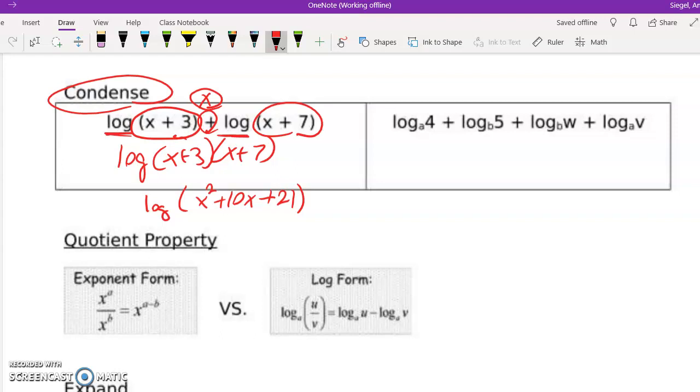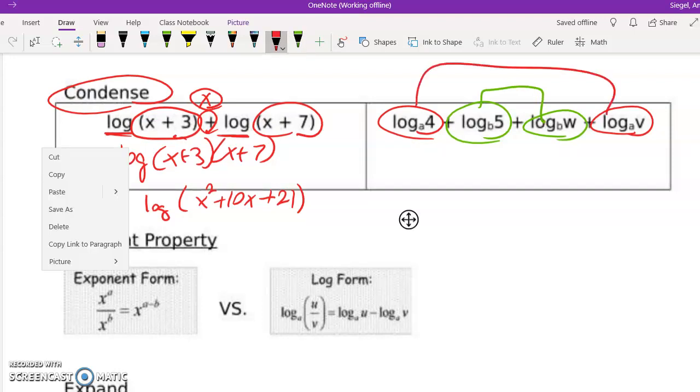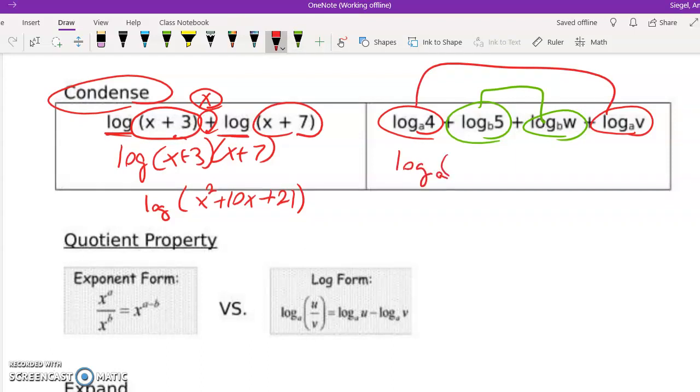Okay, so for this one, I want you to notice how there is a log base A and then there's also a log base B. So I'm going to condense these two and condense these two. So I'll start with the A. I'll say log base A of 4 times V. And then I have log base B of 5W.